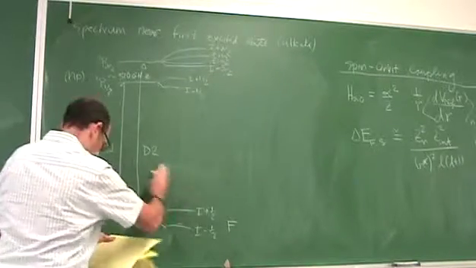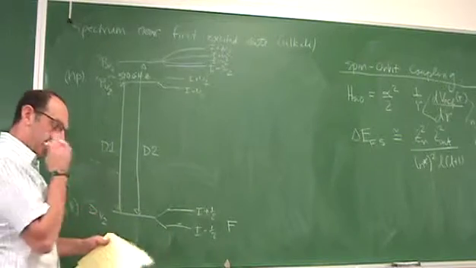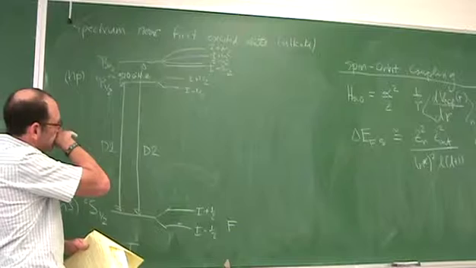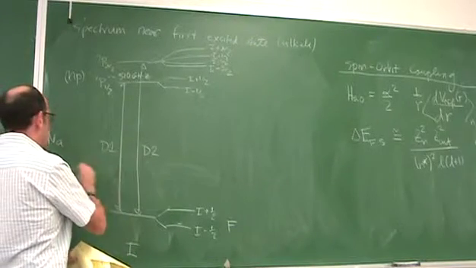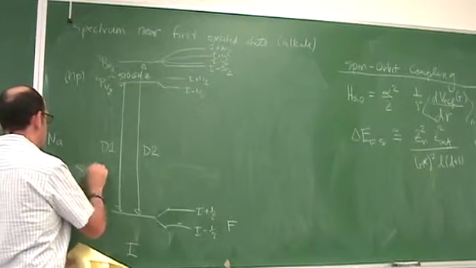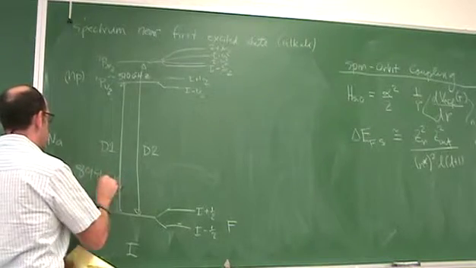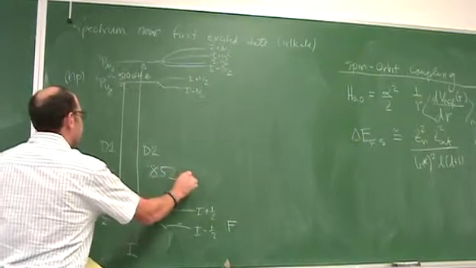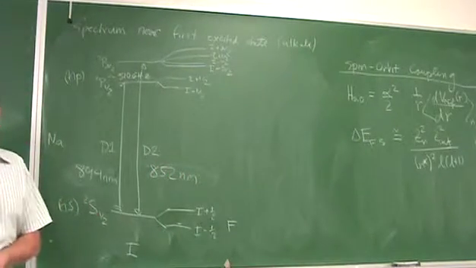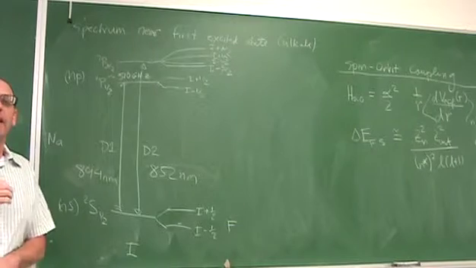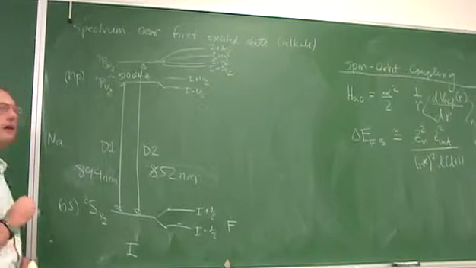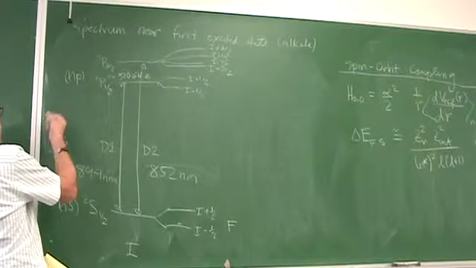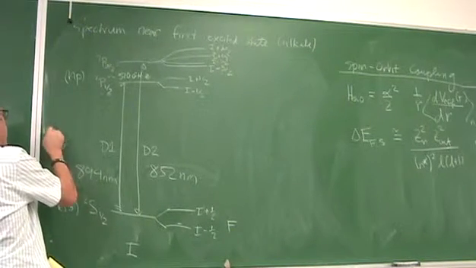I thought it was like 894 or 895 for D1. 894 for D1, and D2 is like 852. Okay, yeah, that's right. Thanks, Ann. That was for sodium, the standard isotope. This is the standard isotope of cesium.